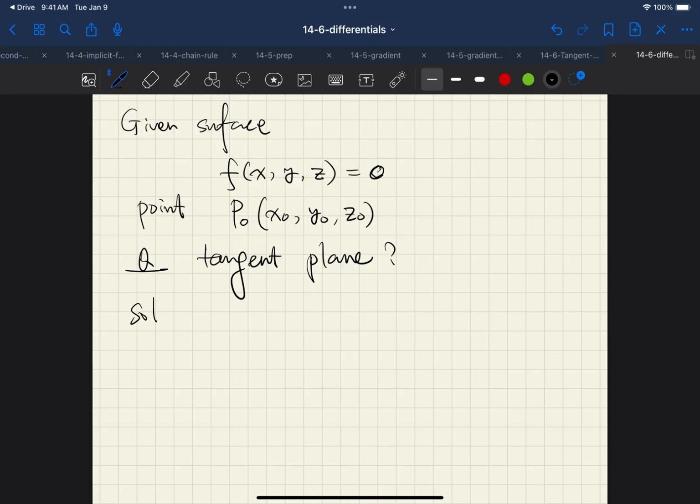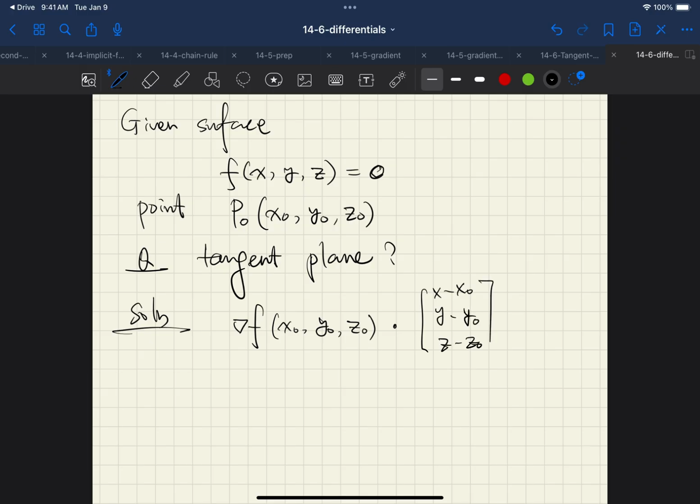The formula we have done is this, the formula for the tangent plane.